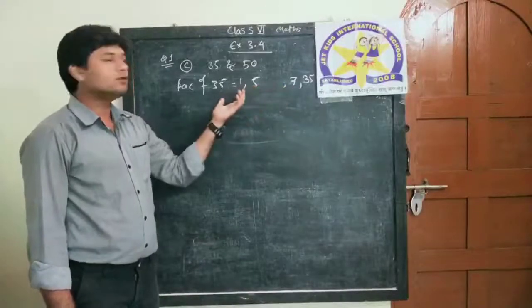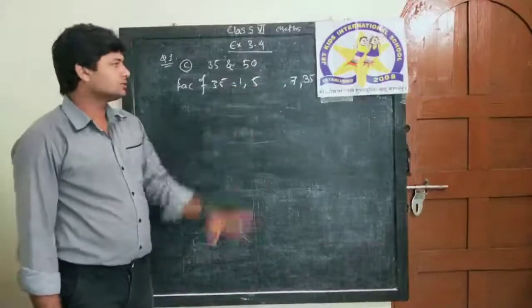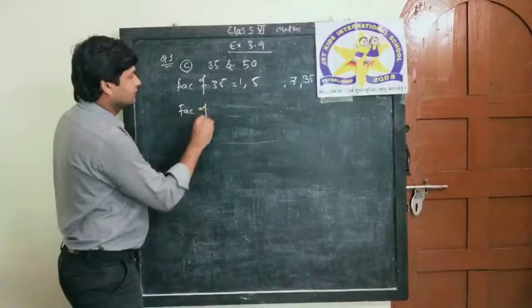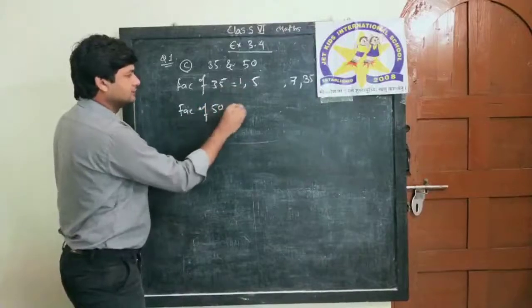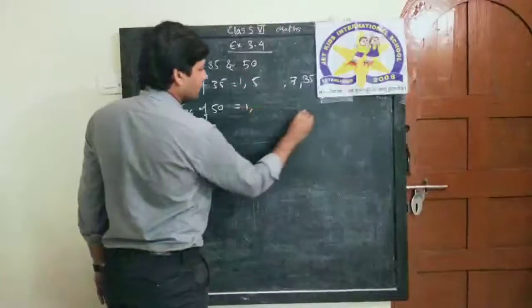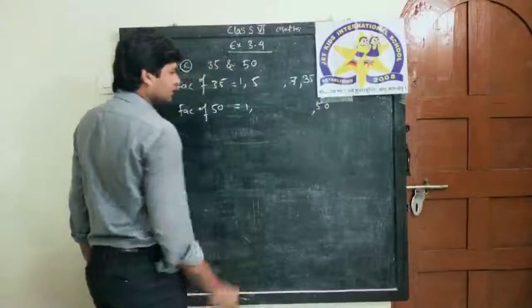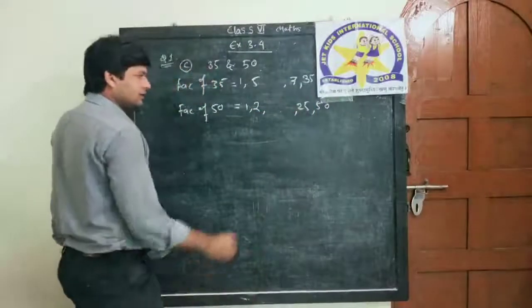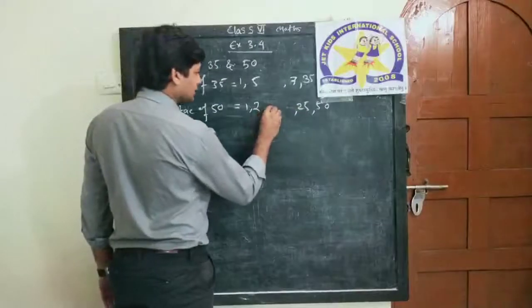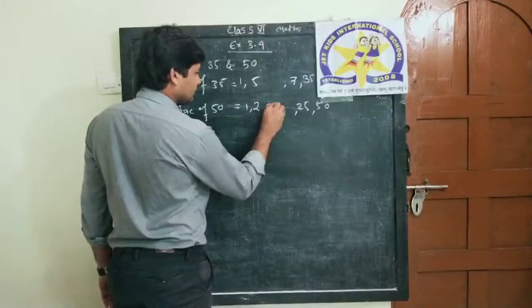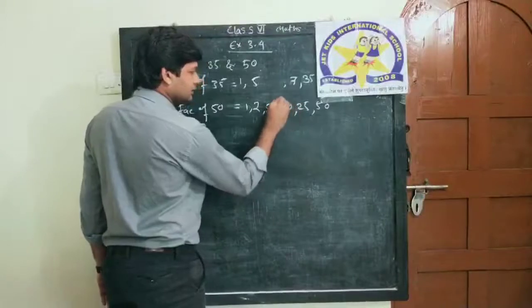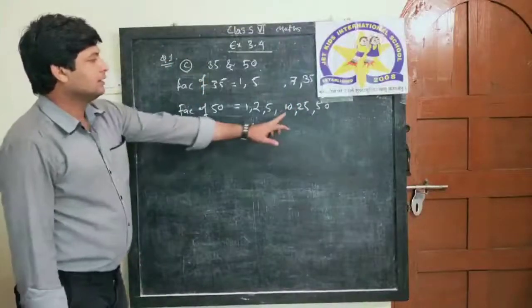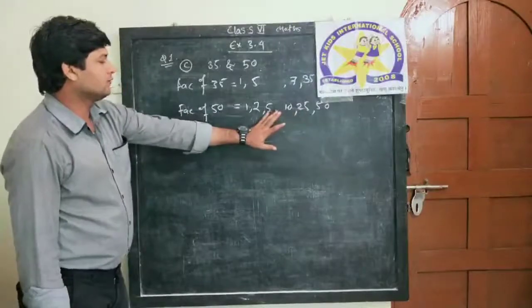6 remains, but it is not divisible by 2 or 3. Now factors of 50: 1 multiplied by 50, then 2 multiplied by 25, then 5 multiplied by 10.